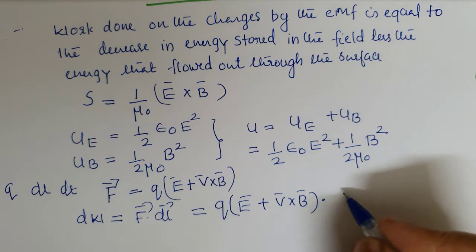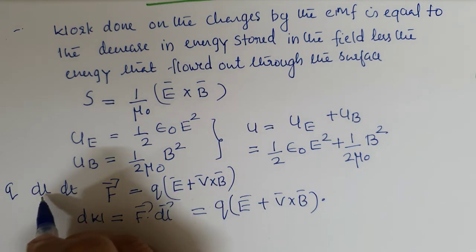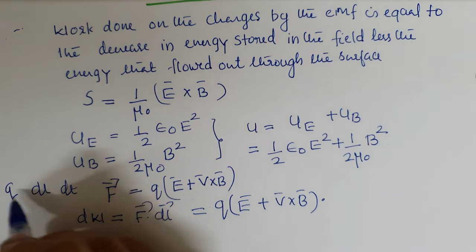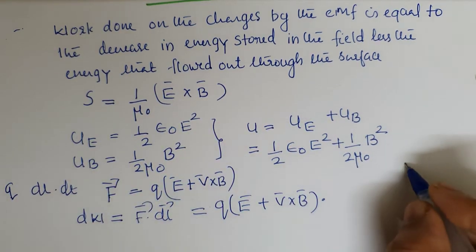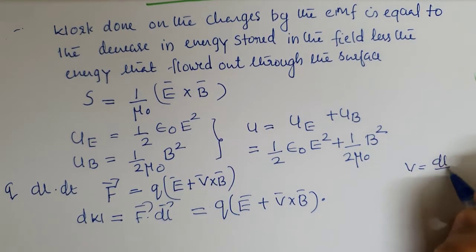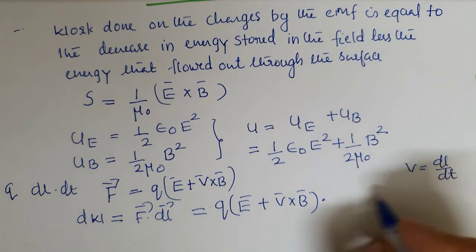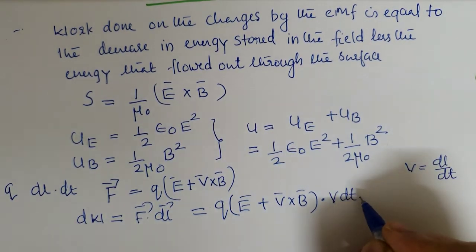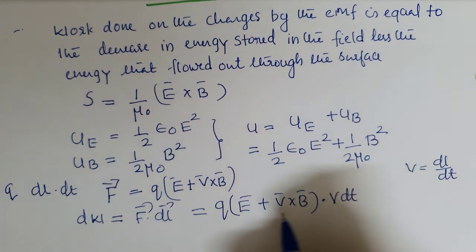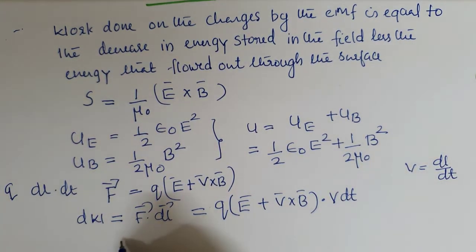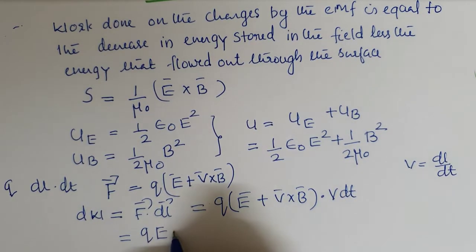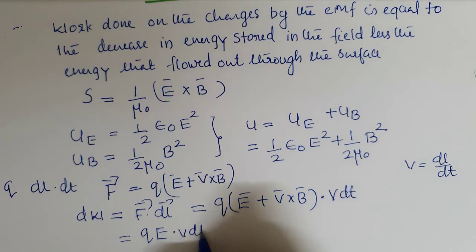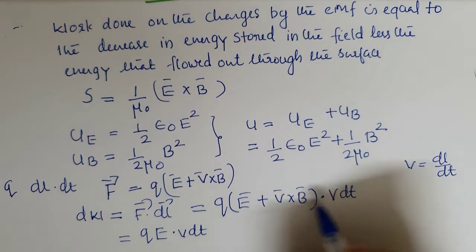The displacement dl is the small displacement made by the charge Q in a time dt. The velocity V is equal to displacement by time, or dl can be represented as V into dt. So this is equal to, the first term, Q into E dot V dt, and the second term, V cross B dot V dt.